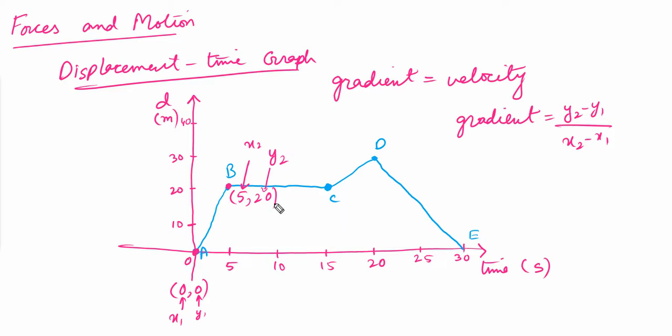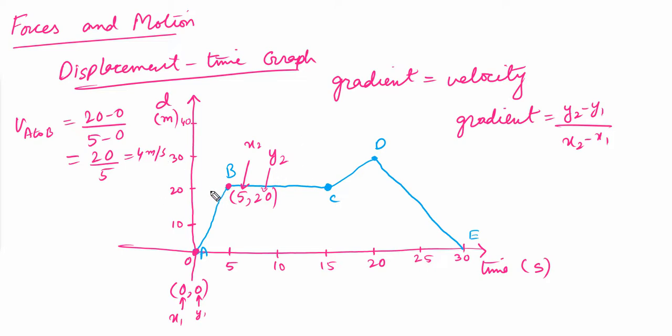So I'll just insert these values into this formula and I'll get the gradient, and the gradient will give me the velocity from point A to point B. So the velocity from A to B will be equal to 20 minus 0 divided by 5 minus 0, that is 20 over 5, that is 4, and the unit is meters per second.